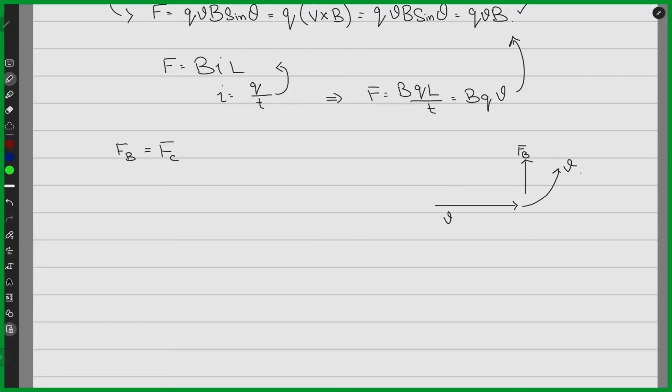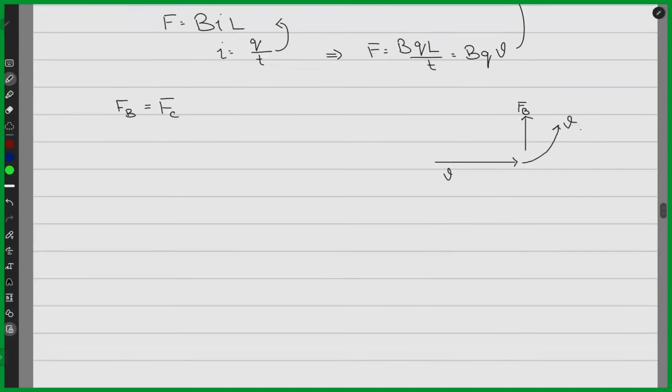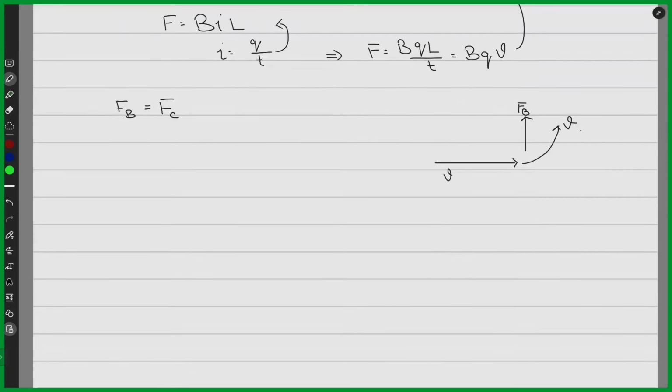Now, we're going to write an equation which will help us determine the charge to mass ratio of this charged particle, of an electron in this case. That means how much charge is contained per unit mass. This is what we are looking for. We know that the magnetic force is qvB, and the centripetal force is mv squared over r.